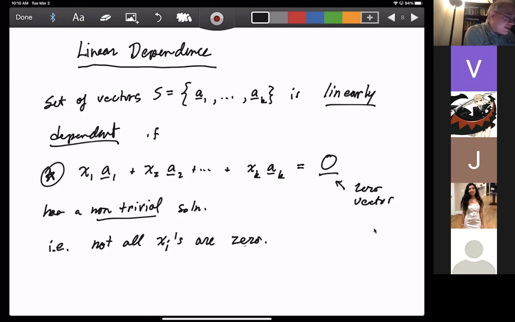And another way to think about this is that at least one of these x's is not 0.